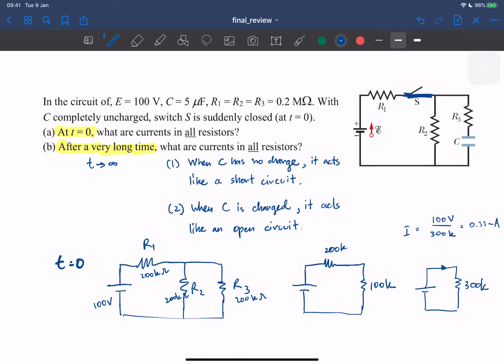So the current going through the first resistor here is 0.33 milliamps. Because these two resistors have the same value, the current is split equally.